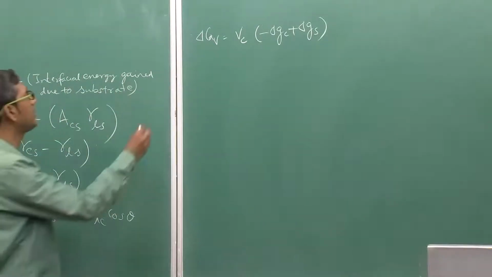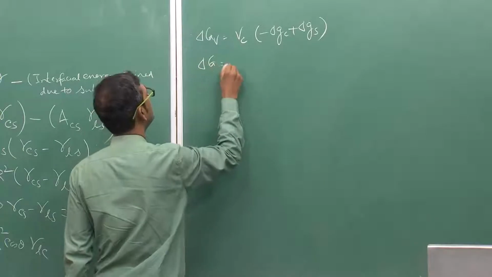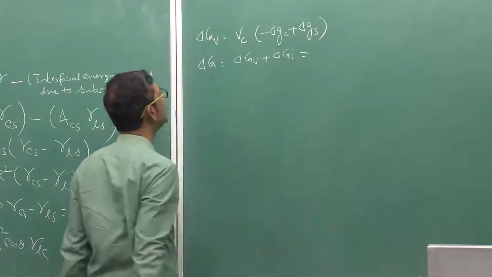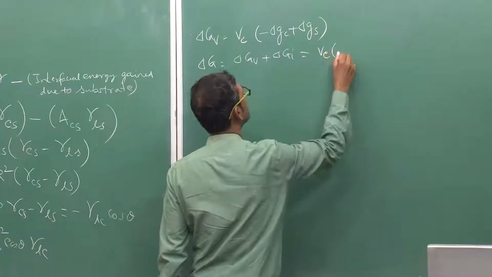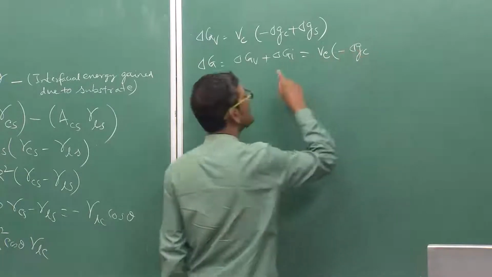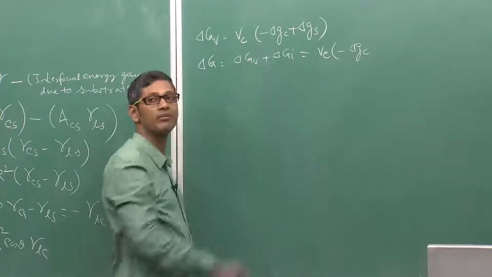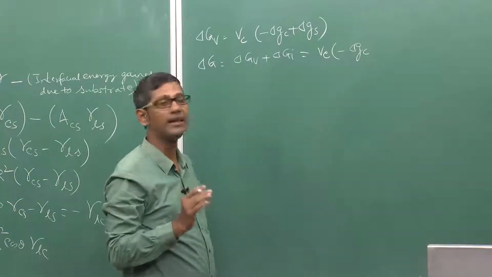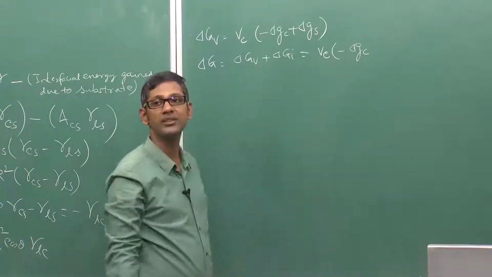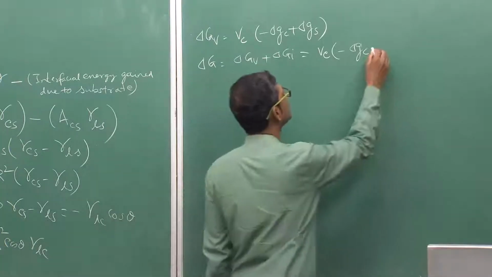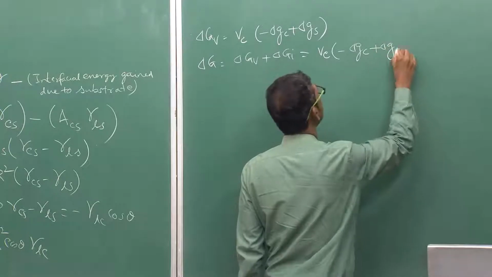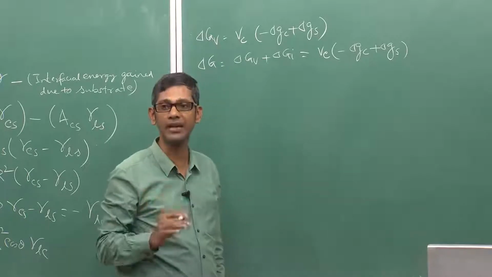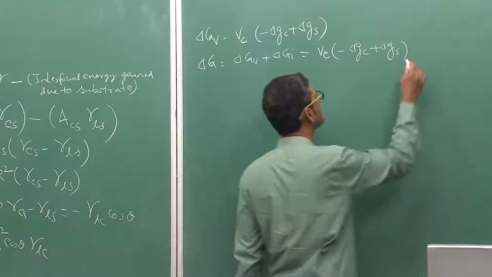So the total energy is delta G_B plus delta G_I, equal to V_c multiplied by minus delta G_C. I am intentionally making this one minus, though the books have not given it. It's obvious because the strain energy is always positive and the chemical free energy is negative. But if you were to use both as positive, same sign, it's not going to create a problem. Only when you calculate the values will you see the negative and positive signs.